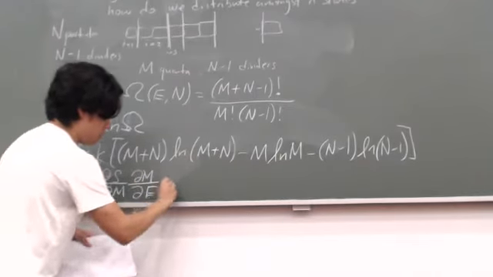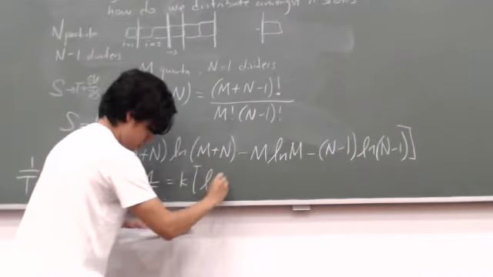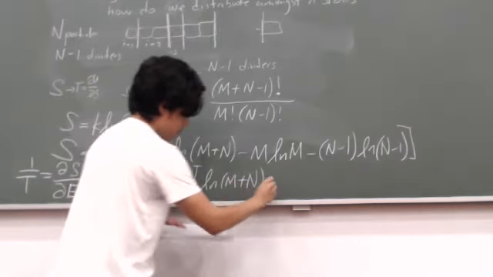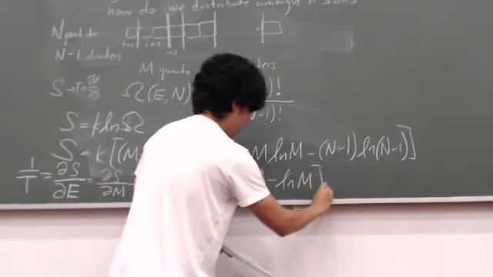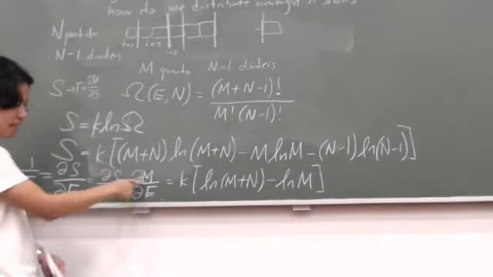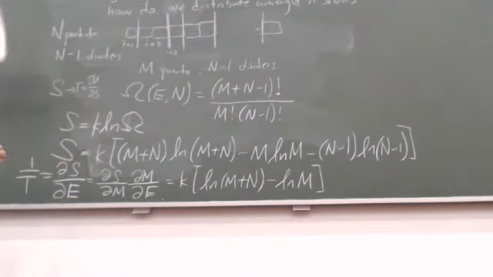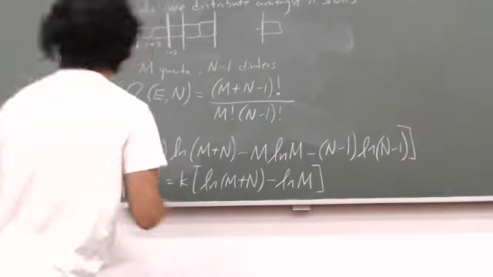So this equals k times log of (m plus n) minus log of m, and then all multiplied by dM/dE. And I think I defined ages ago what M is. Did I put it down? Yeah, M is over here.